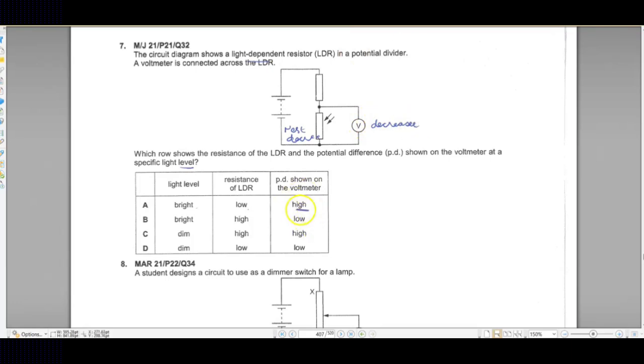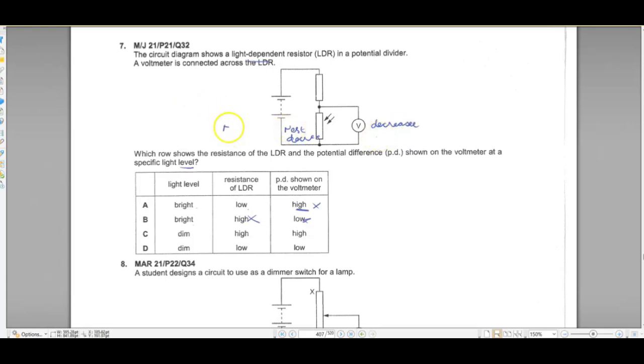Okay. So this high in this option is not correct. So if the light level is bright, the resistance is going to be low, not high. Okay. And so this is not correct, obviously. I've just told you that if the light is more, the resistance is going to decrease, and so is the PD shown on the voltmeter.